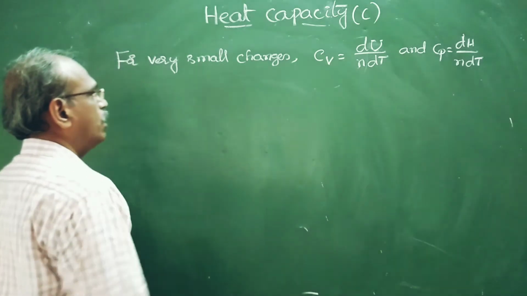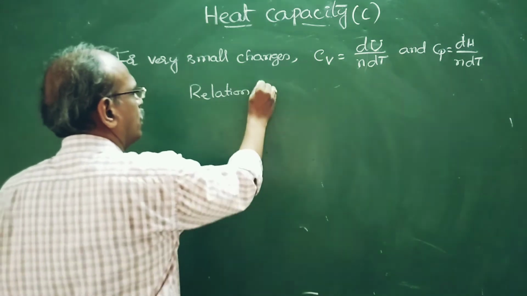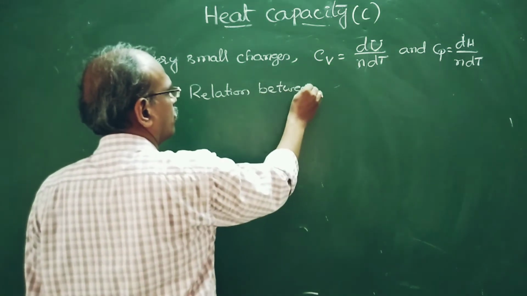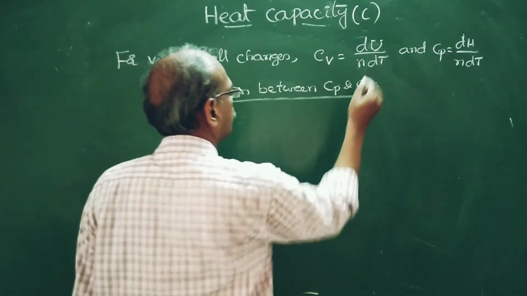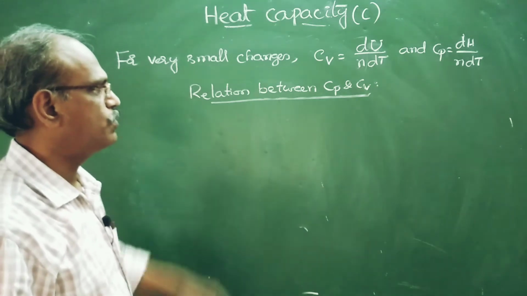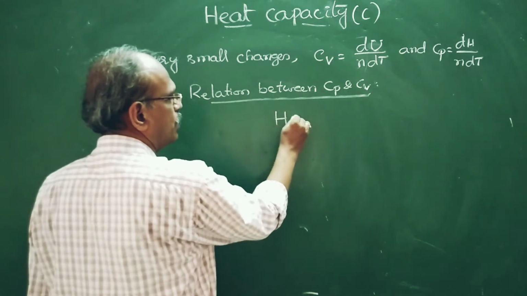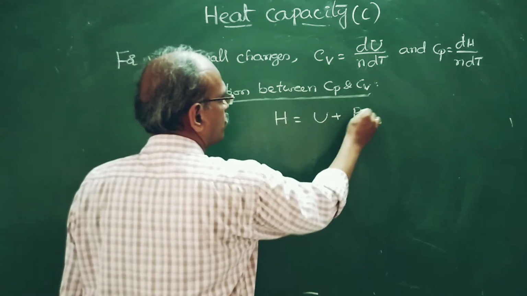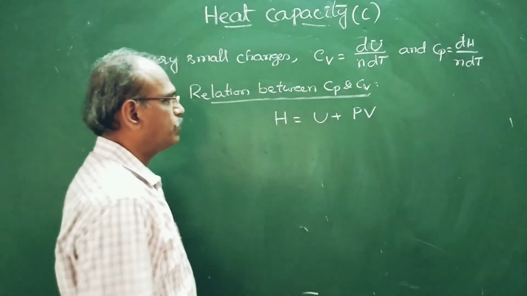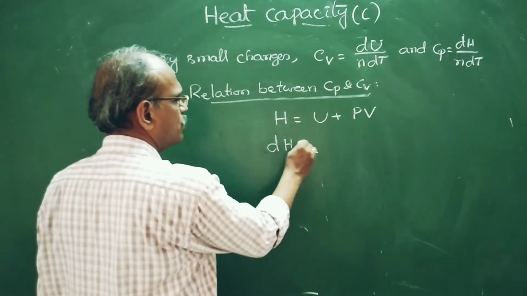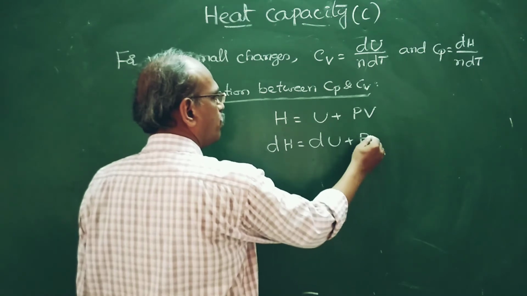Now let's see the relation between Cp and Cv. We know that H is equal to U plus PV, or you can write this as dH is equal to dU plus d(PV).